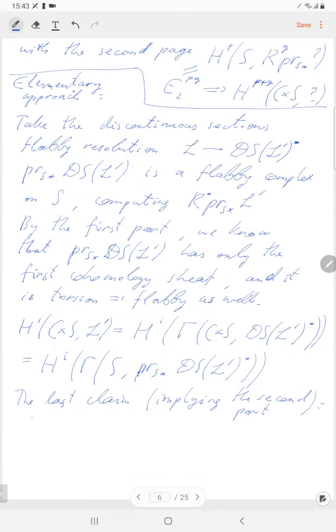So let's have a complex of sheaves that are Flabby or, more generally, acyclic. Acyclic means no higher cohomology.